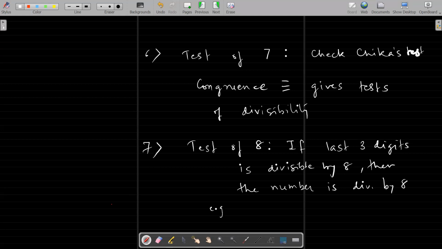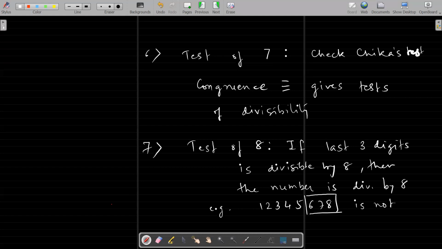So once again, let's stick to the same example, 1, 2, 3, 4, 5, 6, 7, 8. Is it divisible by 8? You have to focus on 678, and you see 8 does not divide that. So this is not divisible.